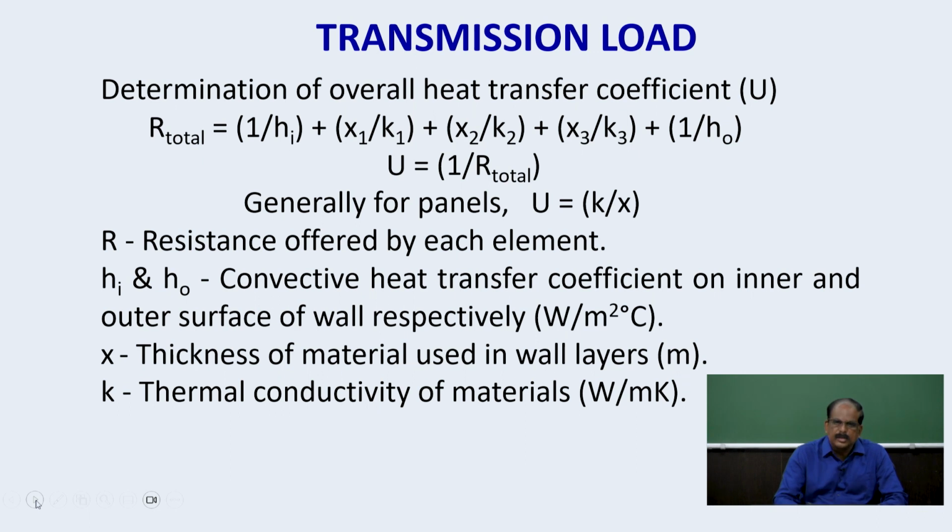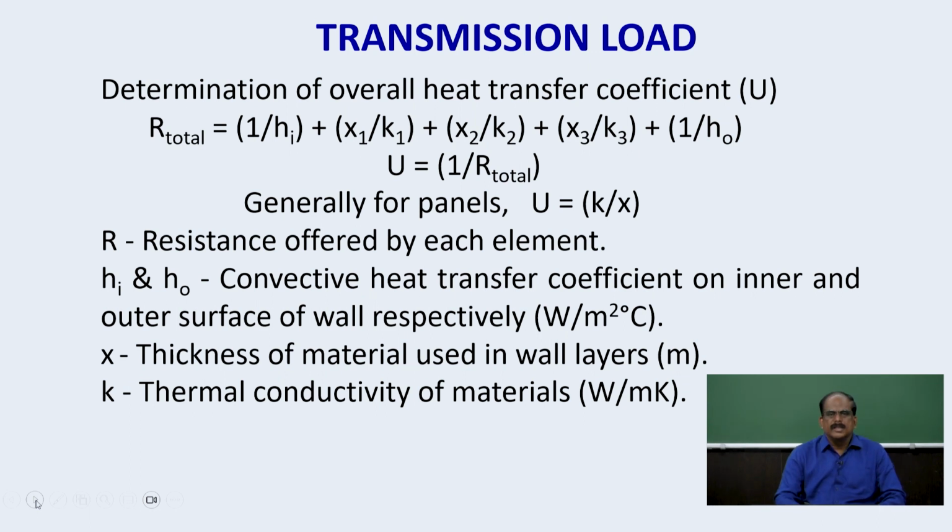Total resistance is due to conduction, convection and radiation. Normally in the calculations, the effects due to radiation are negligible. So the heat transfer due to conduction and convection is considered while calculating the total resistance.